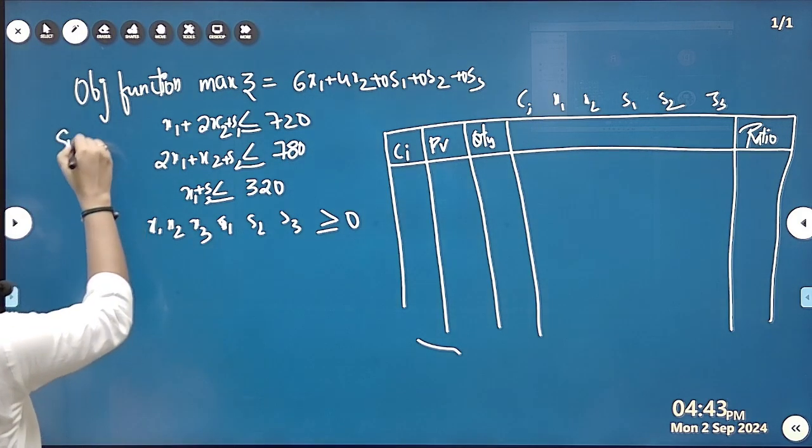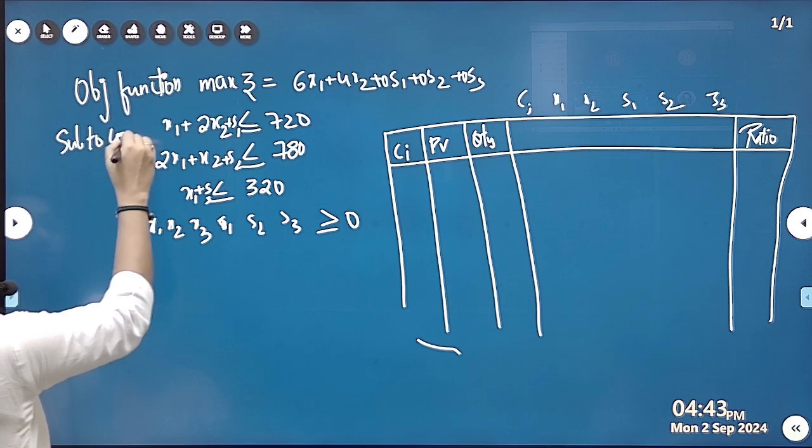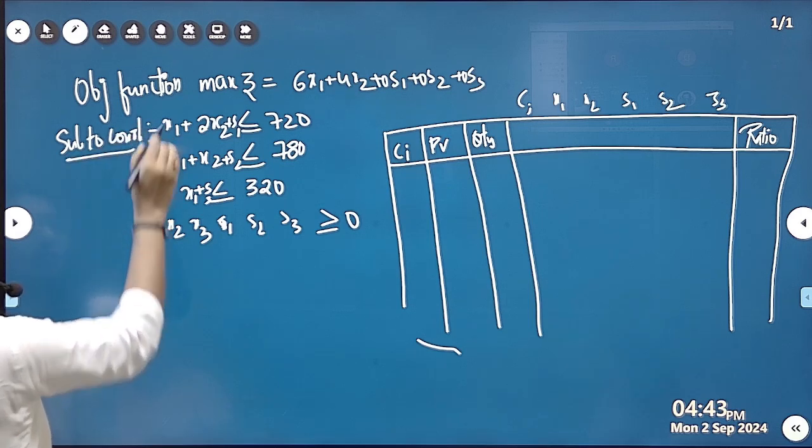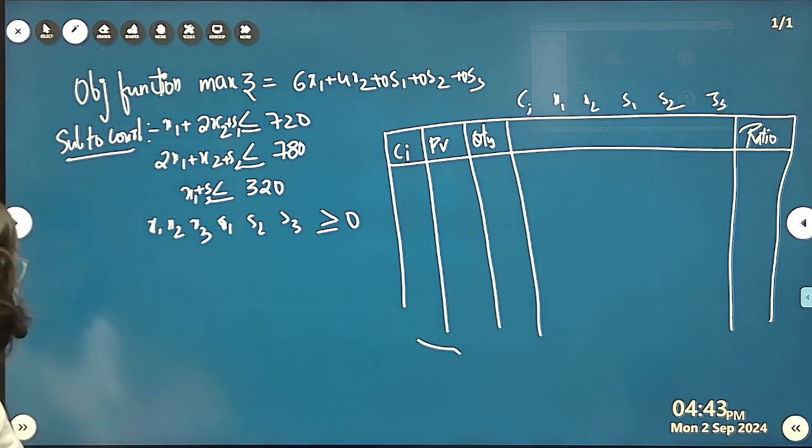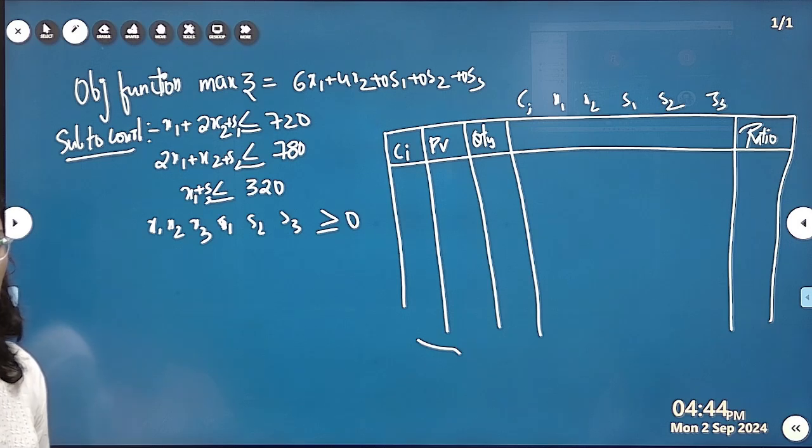Here write subject to constraint. Finished?